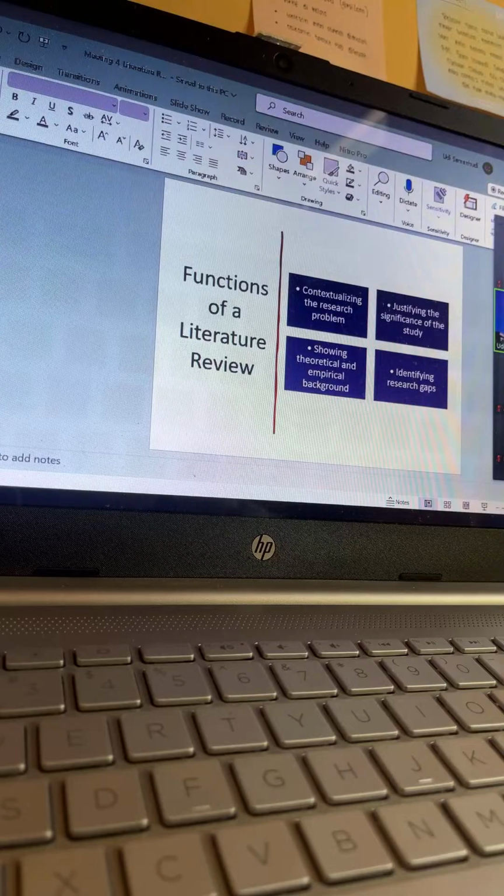It's also highlighted in the introduction section, but the main point of writing the literature review section is actually to show your research gaps. I mean, why the research is important to be conducted. So there are theories and previous studies that are put together. Okay.